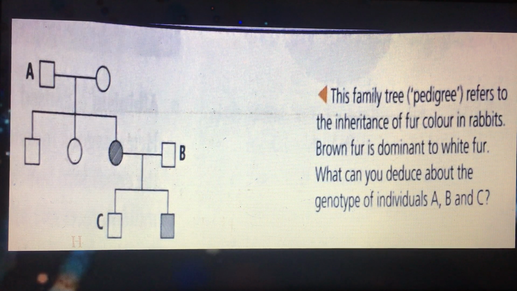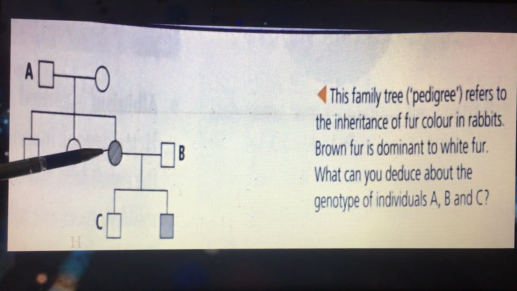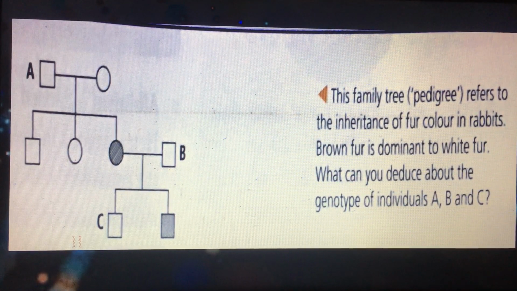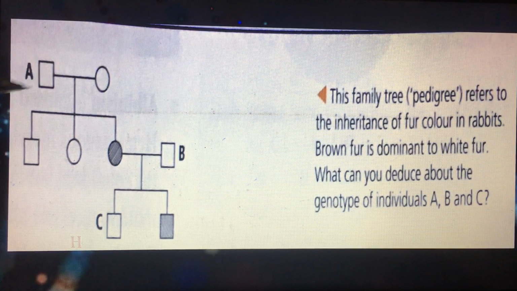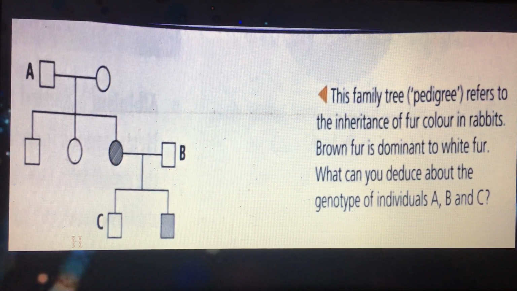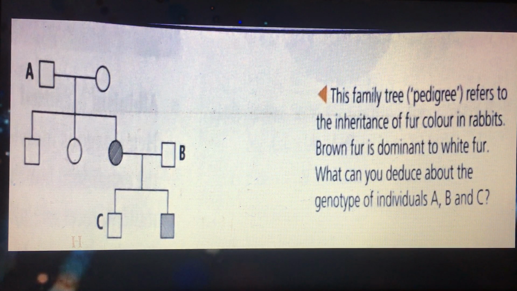Here we have B small, B small. If one offspring has B small, B small, then surely both parents have B capital, B small.